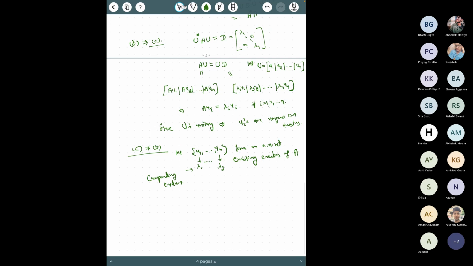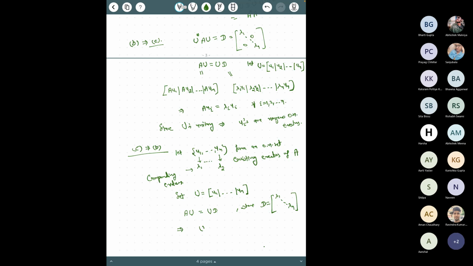So what is the natural choice here? You can take U where the columns of U are u1 to un. Clearly, since these vectors are orthonormal, this matrix U is unitary. And when you multiply A with U, you will get UD, because u1 to un are the eigenvectors, where D is the diagonal matrix whose diagonal entries are lambda 1 to lambda n.